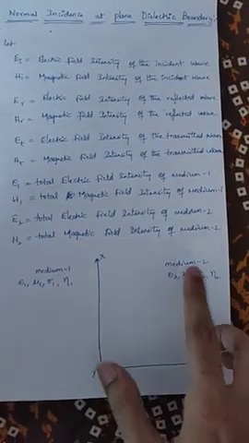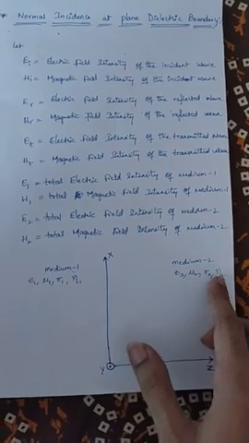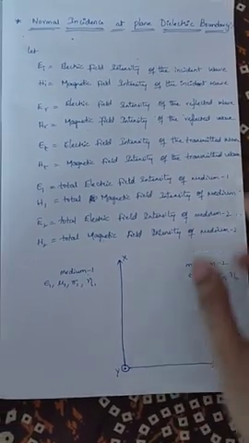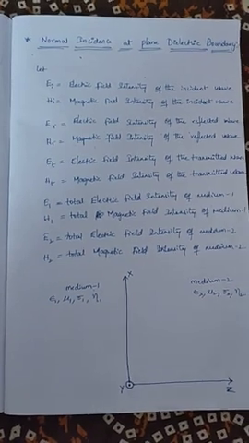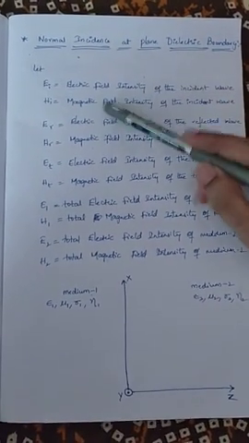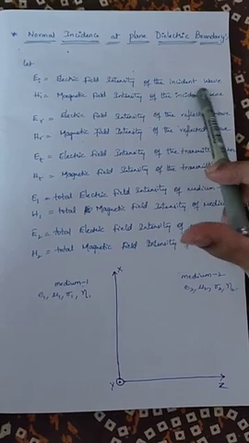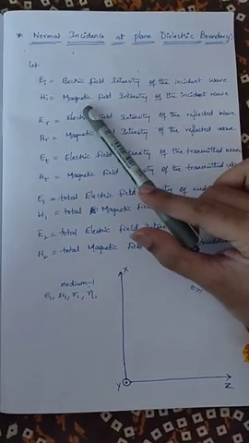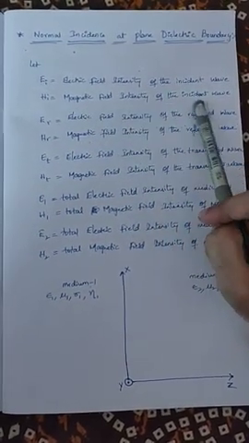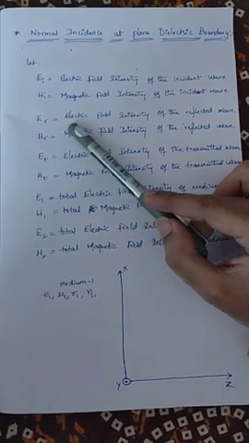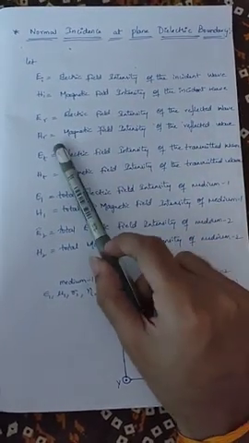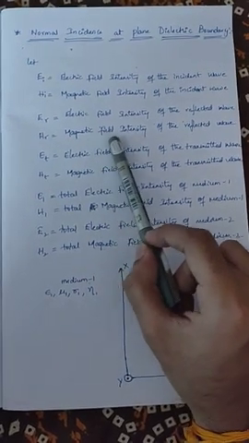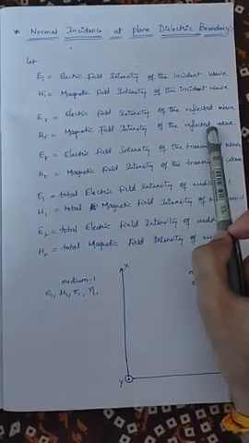Now the nomenclature: Ei is the electric field intensity of the incident wave, Hi is the magnetic field intensity of the incident wave, Er is the electric field intensity of the reflected wave, and Hr is the magnetic field intensity of the reflected wave.